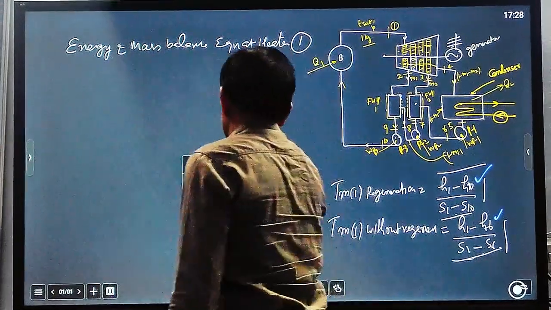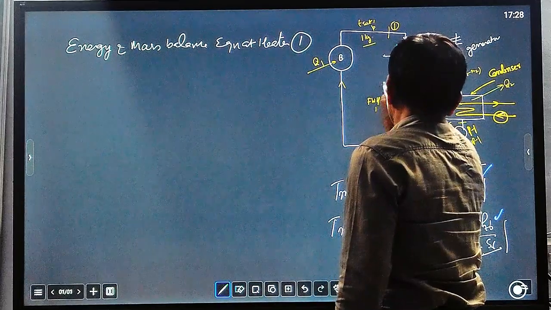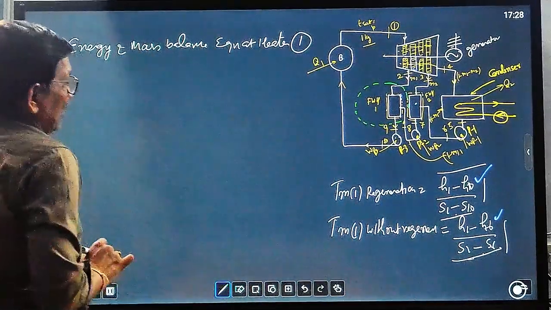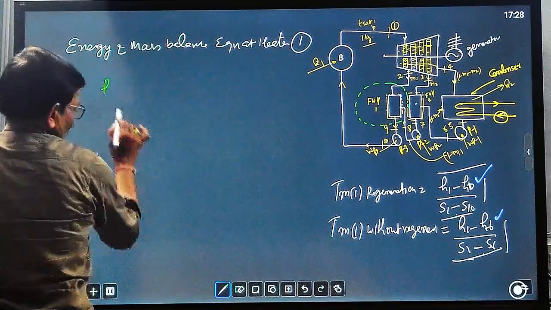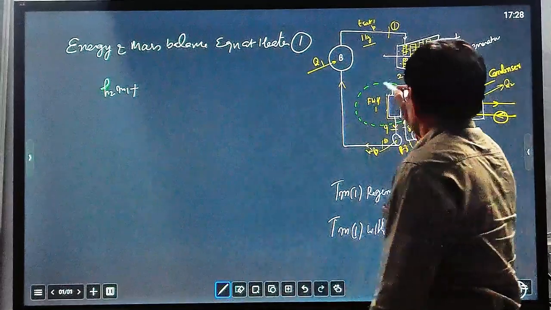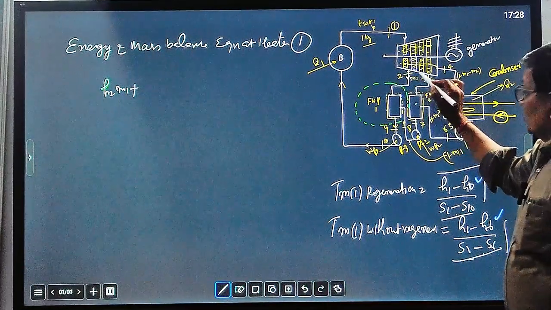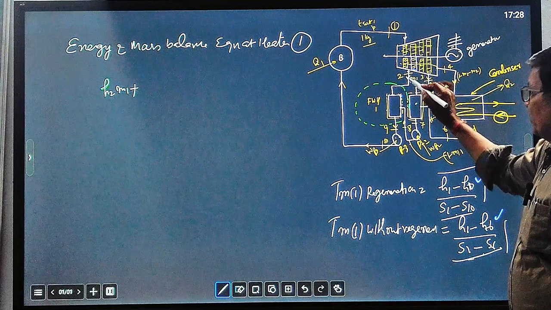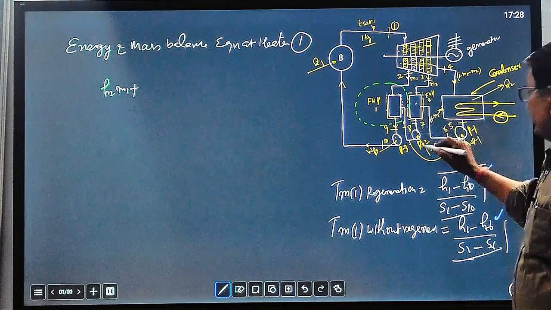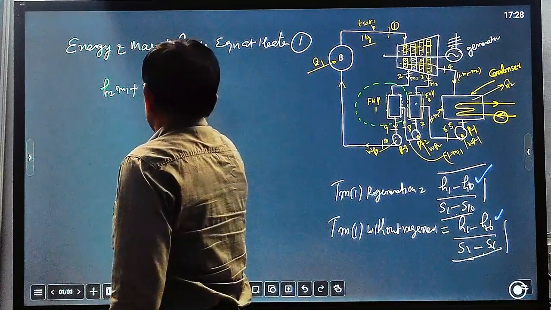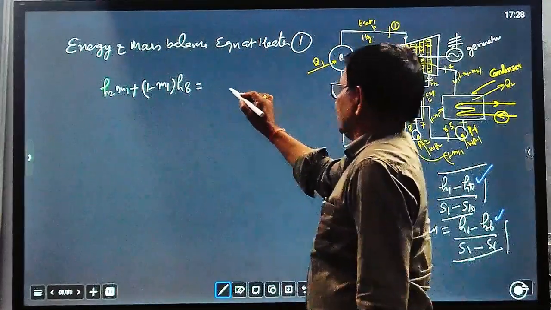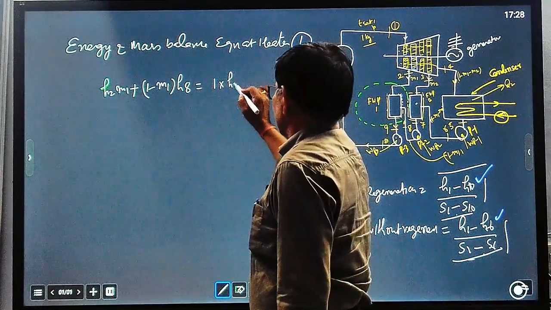So see here, we take another color. At this point we have to apply the energy balance equation. So you take H2 into M1, and in this heater you can see two streams are coming: M1 into H2 and H8 into 1 minus M1, equal to H9, 1 kg into H9.